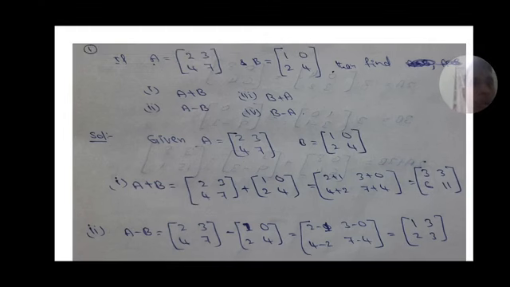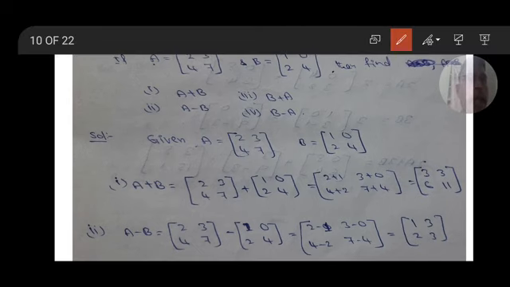If A equals 2, 3, 4, 7, a 2 by 2 matrix, and B equals 1, 0, 2, 4, then find first A plus B, second A minus B, third B plus A, fourth B minus A. Given A equals 2, 3, 4, 7 and B equals 1, 0, 2, 4.